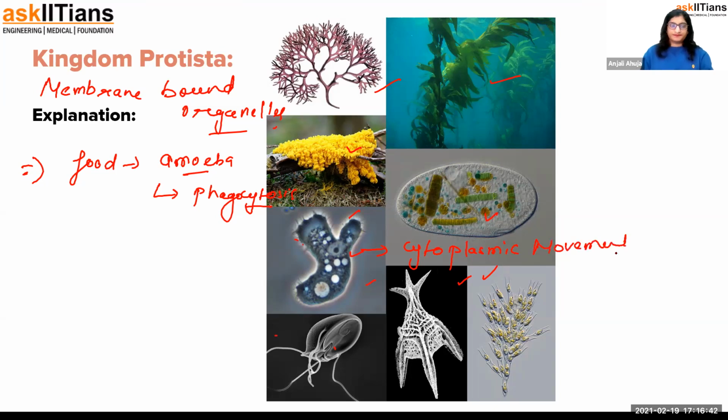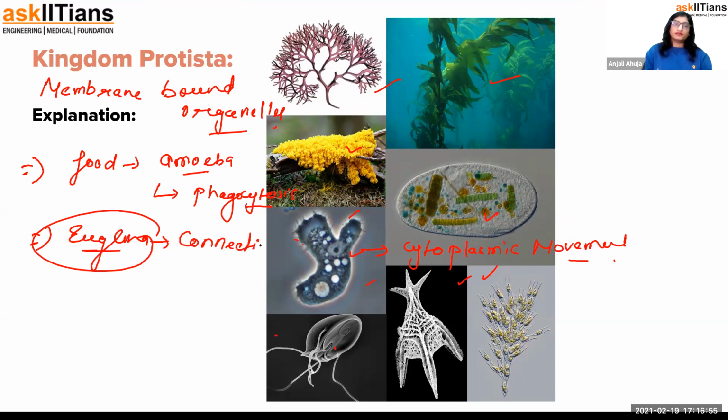Okay, now talking about one example, which is euglena. Euglena has a very special property. Euglena is a connecting link between plants and animals.